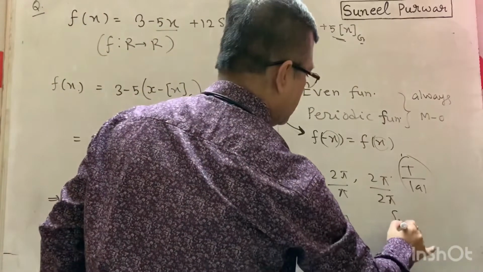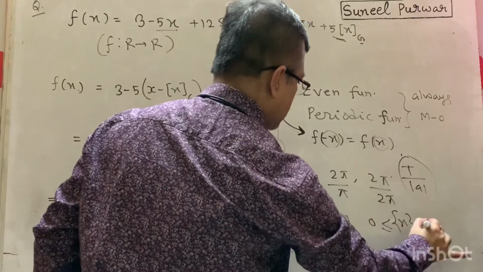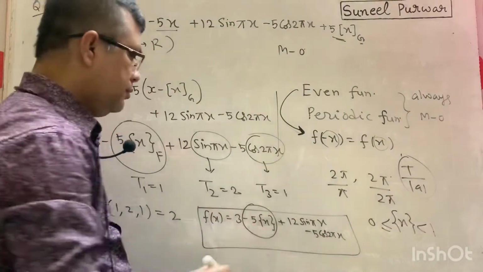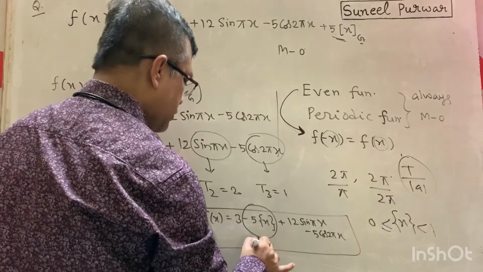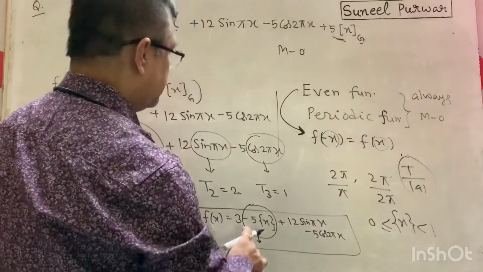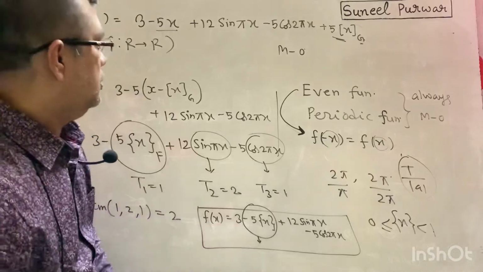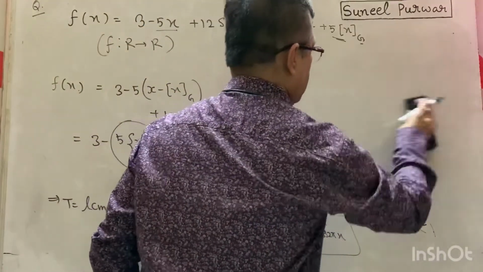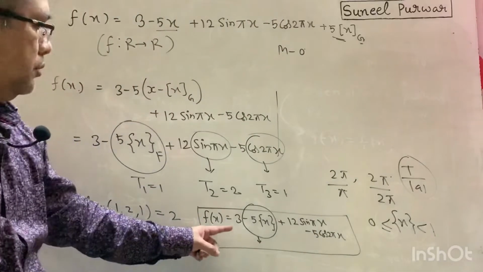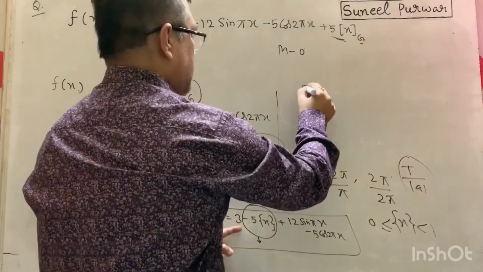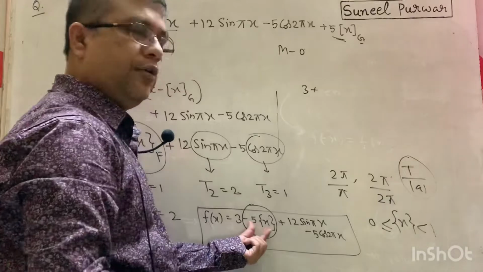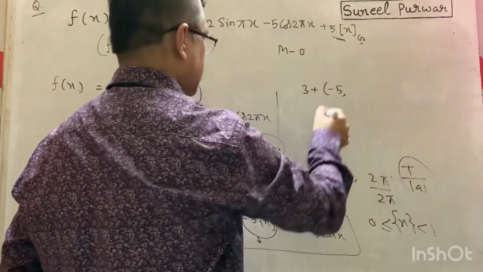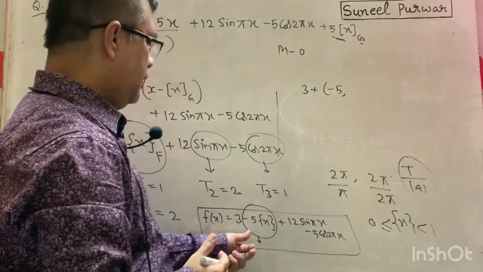Closed interval 0 to open interval 1. So this part can go from minus 5 to 0. So 3 plus this part is a number ranging between minus 5 to 0.